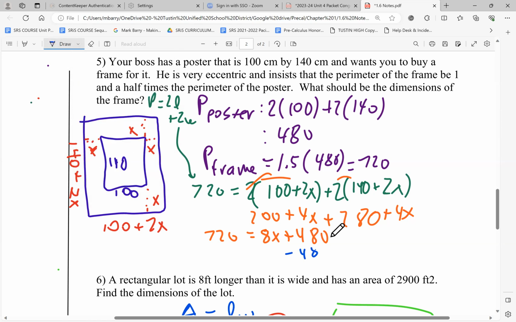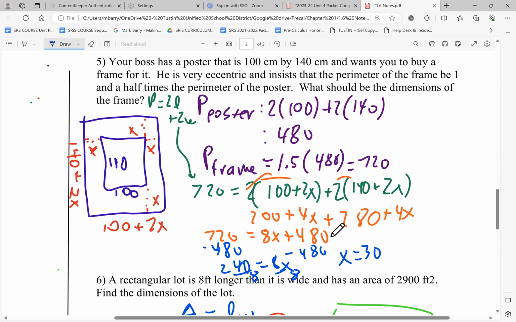Minus 480. And that'll be 240 equals 8X. So then we'll divide both sides by 8. And X equals 30. Okay.